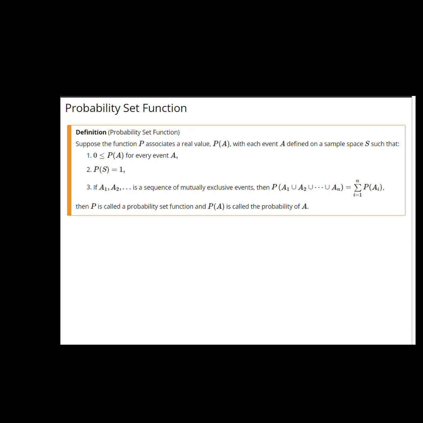The probability of a union is the sum of the probabilities if they are mutually exclusive. If P satisfies these three conditions, these three axioms, we will call it a probability measure, a probability set function, and P of A is called the probability of the event A.